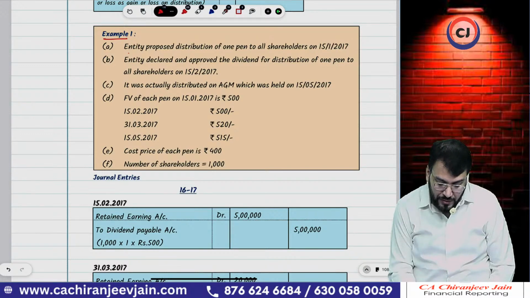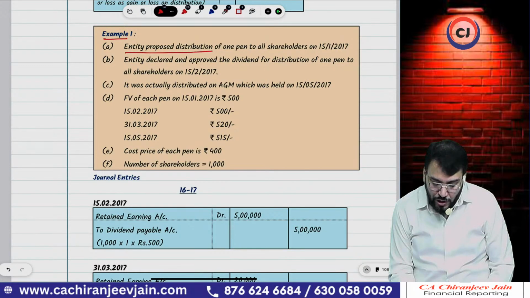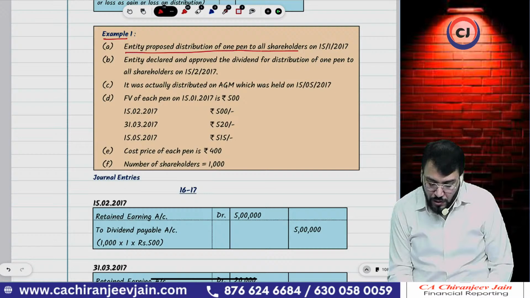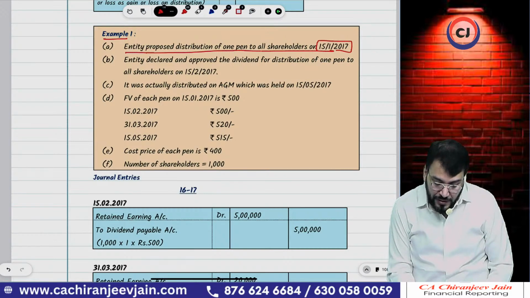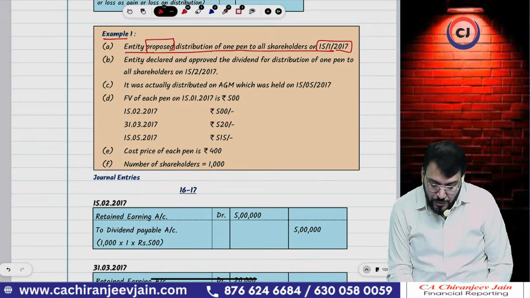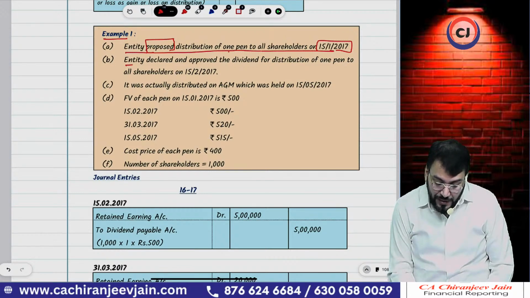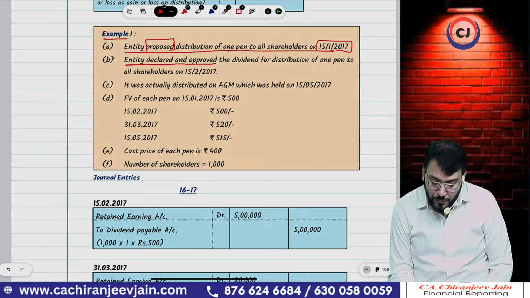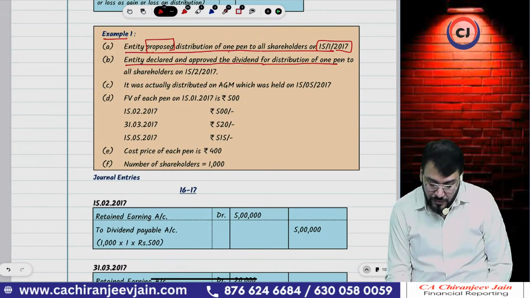Example number 1. Entity proposed distribution of one pen to all shareholders on 15 Jan 2017. It declared and approved the dividend for distribution of one pen to all shareholders on 15 Feb.